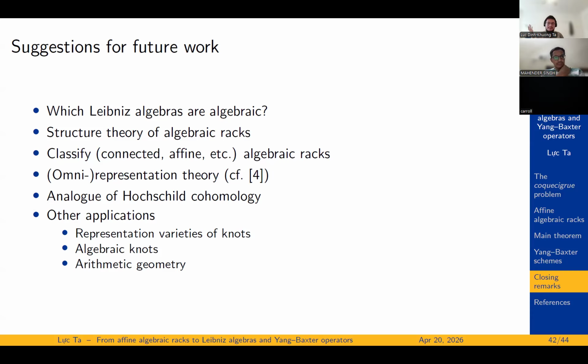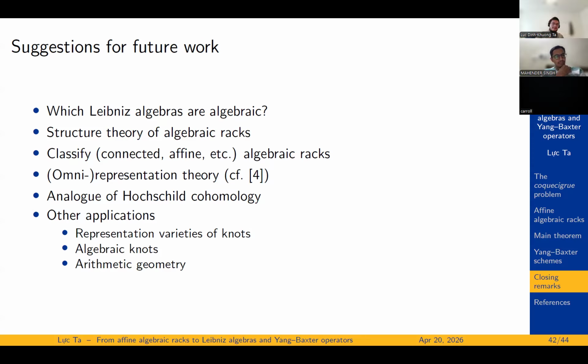So maybe we can look at an omni-representation theory for affine algebraic racks that's related to the omni-representation theory of Leibniz algebras. There's also a separate representation theory for racks where you just look at homomorphisms into the conjugation quandle of GLN. That's also interesting, and we can try to define that too.